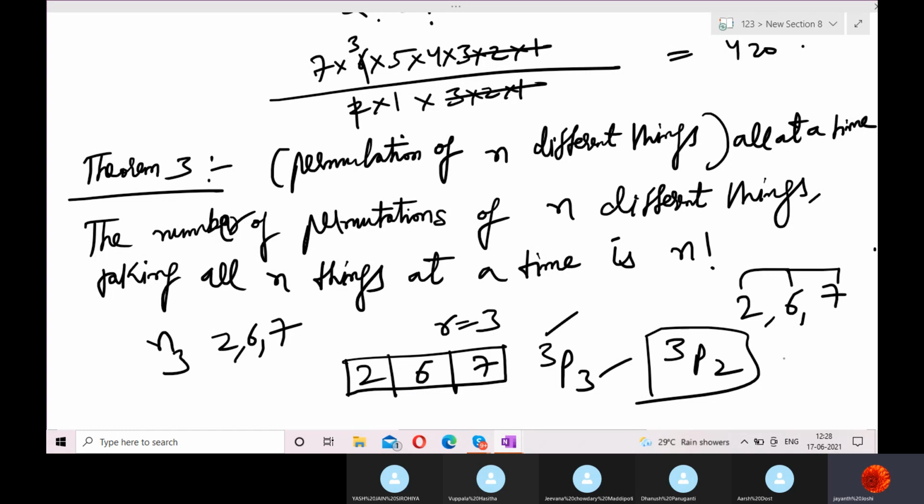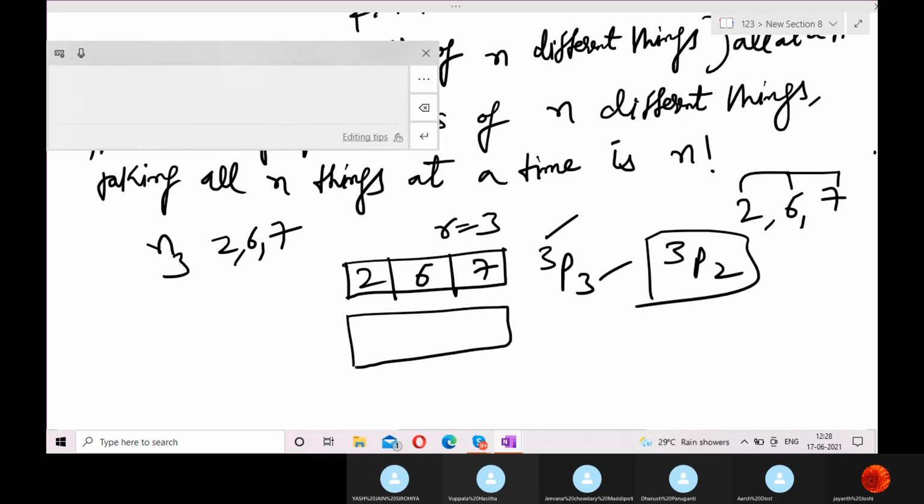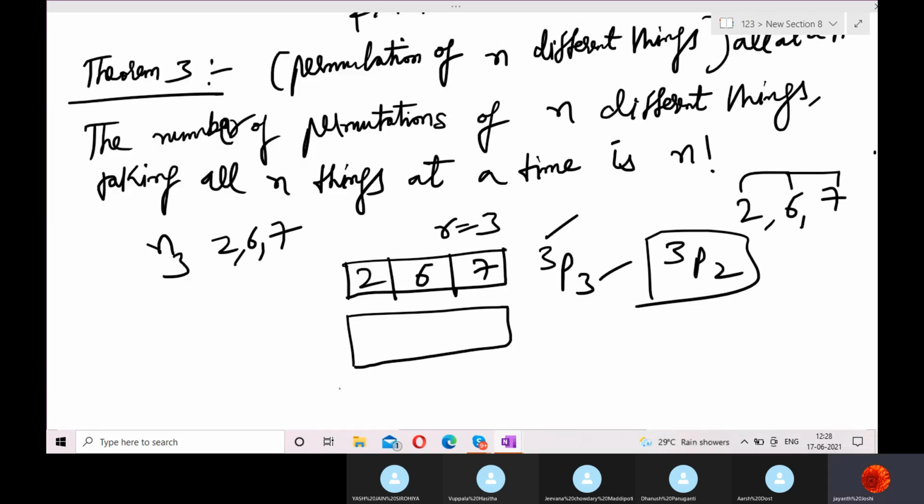So how many numbers can I make? 267. Let us see how many ways. You have to take all of them at a time. All three numbers you have to arrange in three spaces. 267. Then 276.